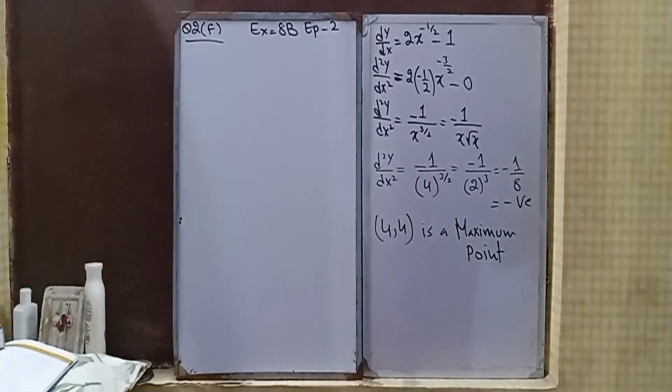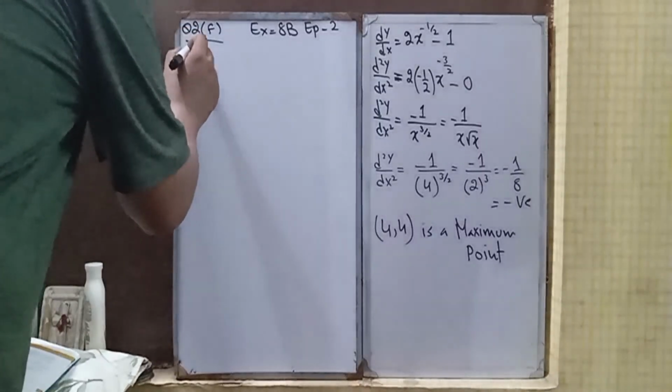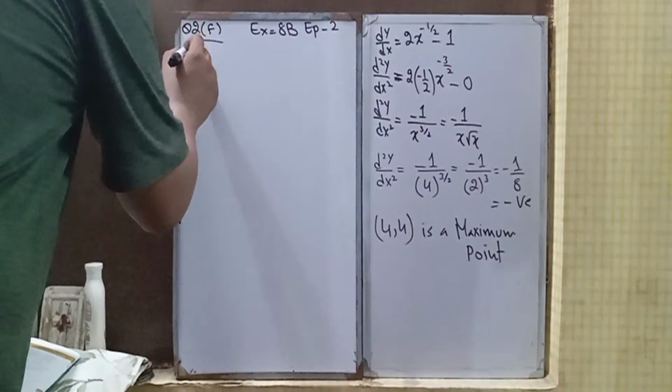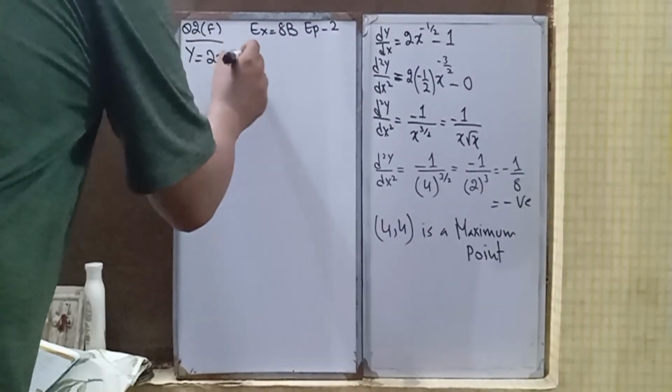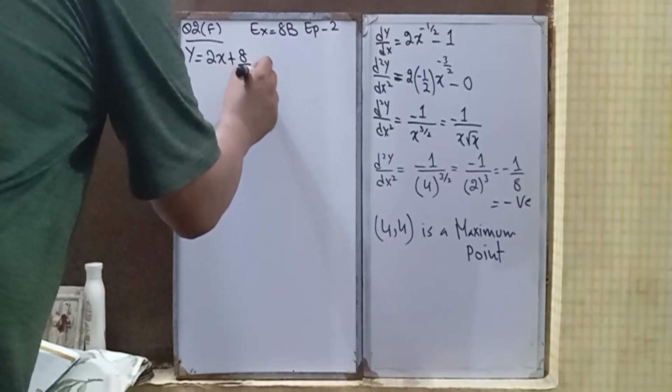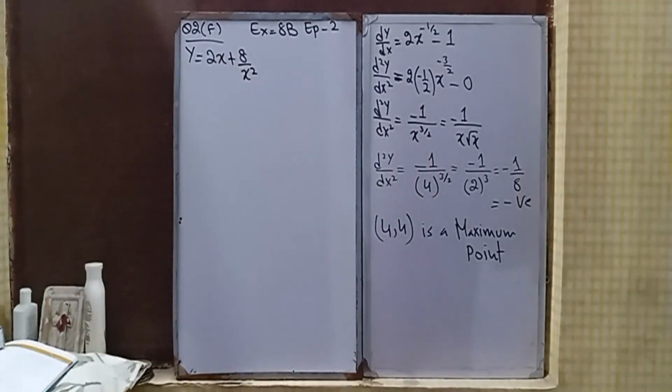Okay, sir. The question number 2, it's F part. It says y is equals to 2x plus 8 divided by the x square.